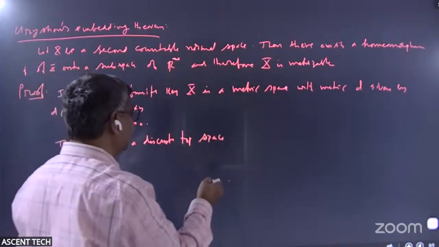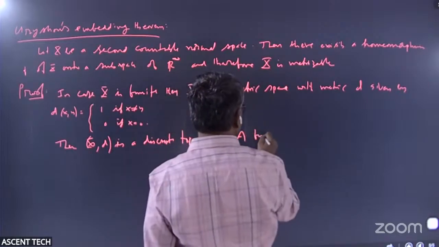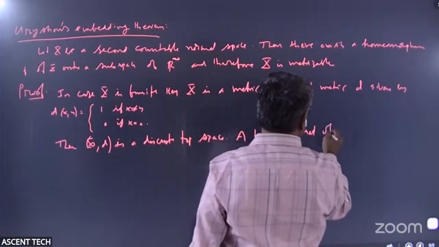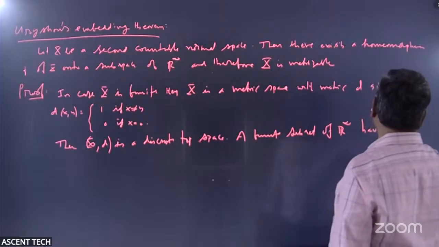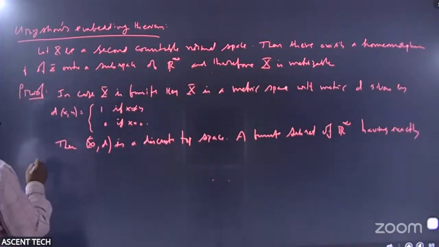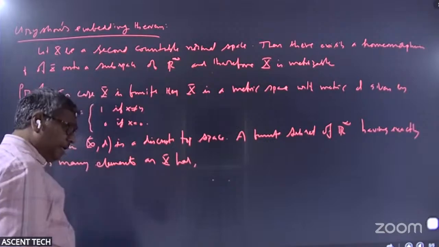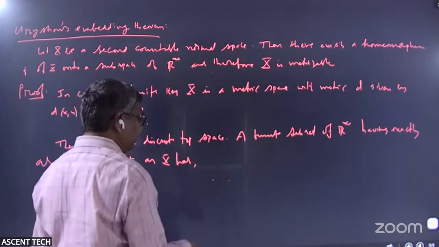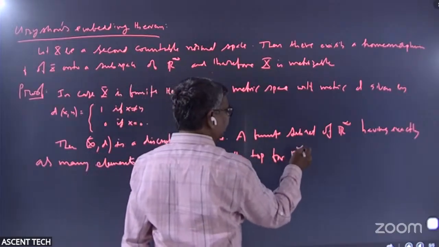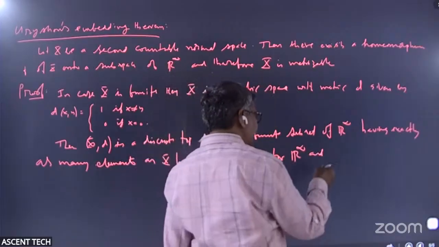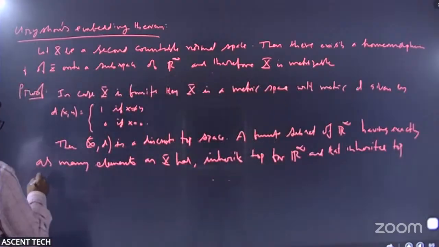And a finite subset of R infinity, having exactly as many elements as X has, inherits topology from R infinity, and that inherited topology is discrete too.